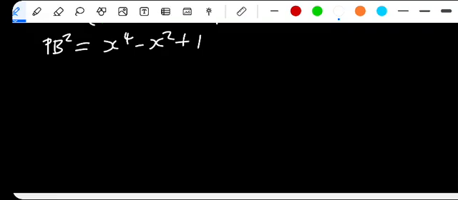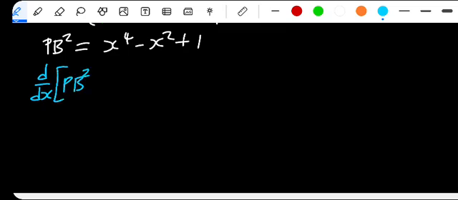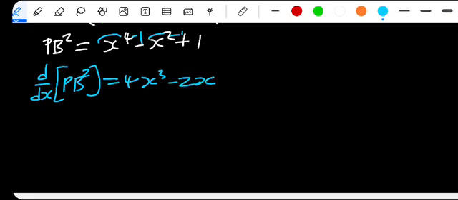We'll take our first derivative, dy dx of PP squared. If you are taking this, you will drop the exponent, you'll have 4, then minus the exponent, you'll have 3, drop the exponent, negative 2x minus the exponent, then this will simply equal to 0.